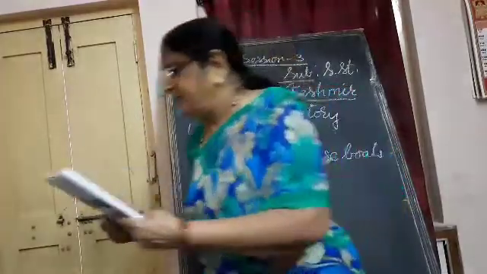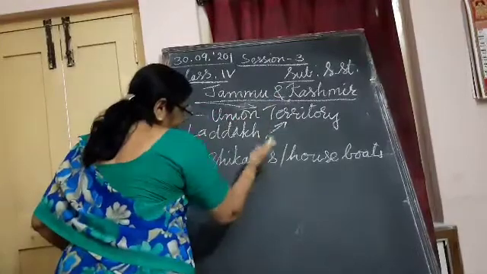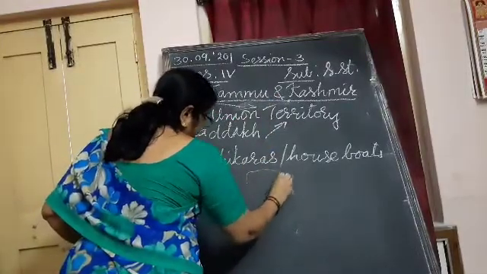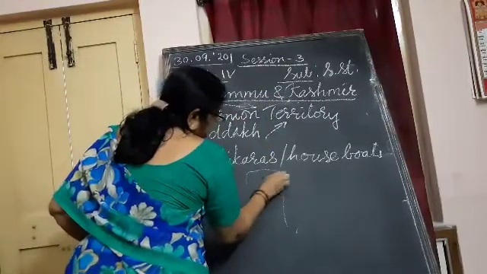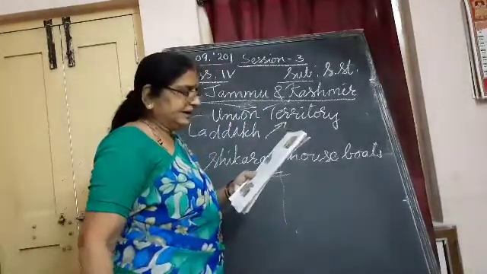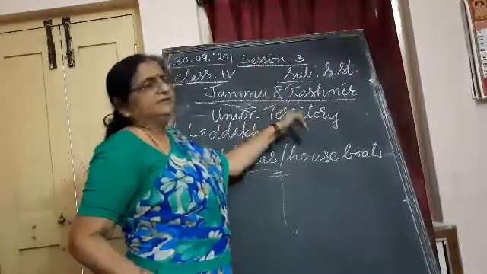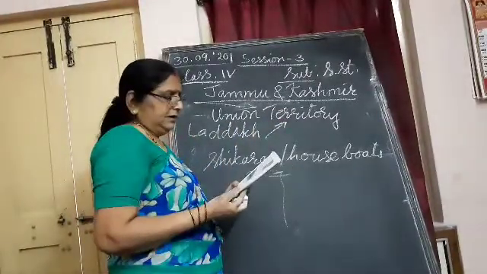Ladakh is situated in the northeastern part, somewhere here, up, okay. If we take the northeastern part, somewhere here, Ladakh, it is the highest part of our country, we can say. Now I told you, it is also a union territory. Understand?